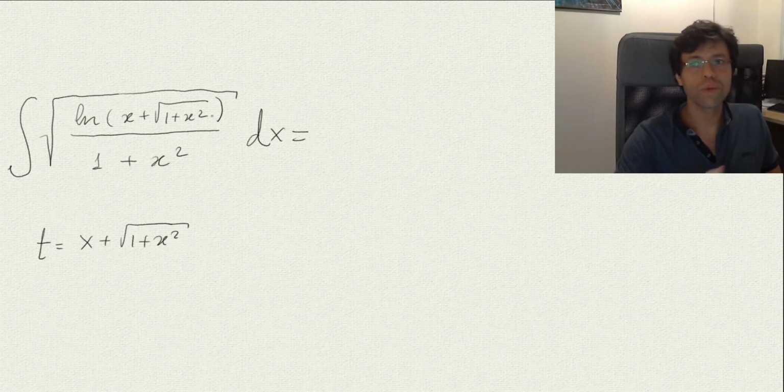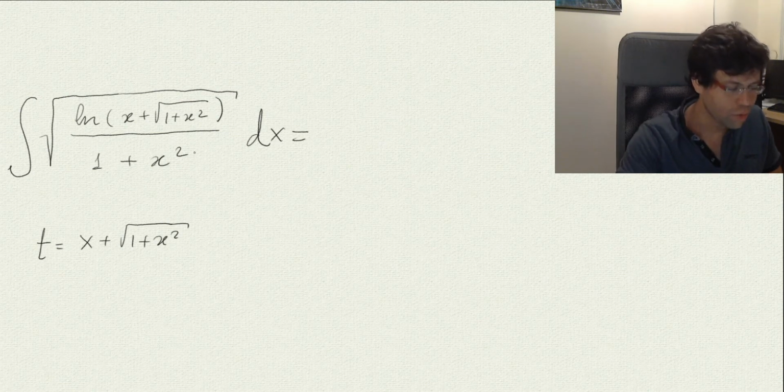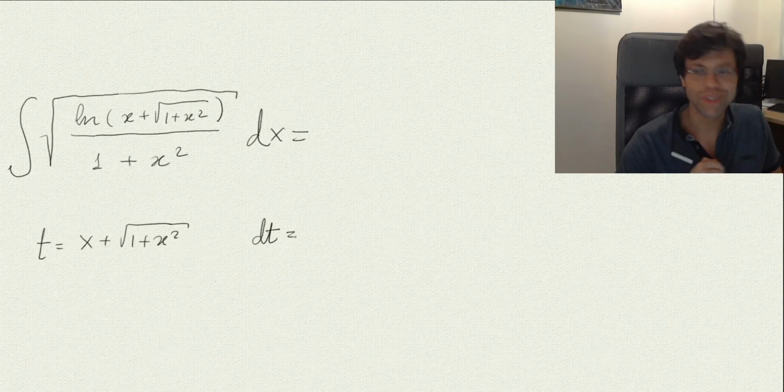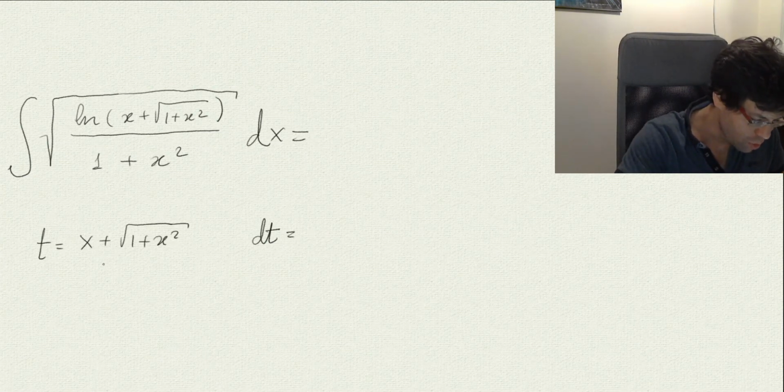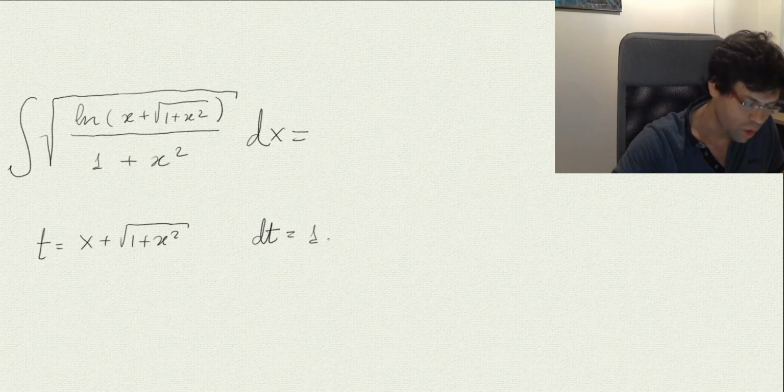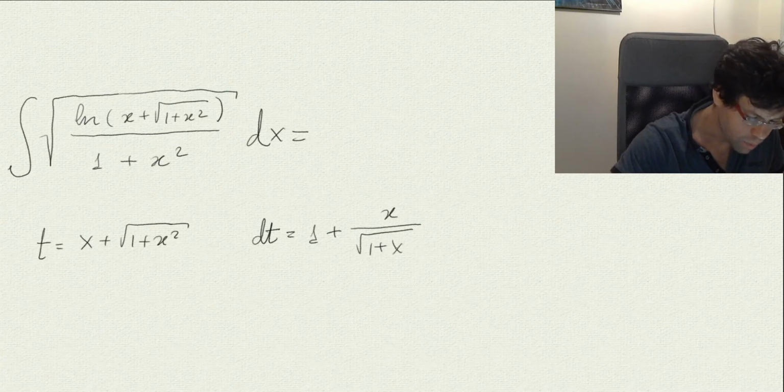So obviously we'll turn this natural logarithm to something nice. So let's see what dt would be. And we will see that another miracle happens here. So dt would be, so the derivative of x is obviously 1, and here that's 1 plus x squared to the power of half. So when we compute the derivative of this, we are just going to have simply that, right? And all of it dx.